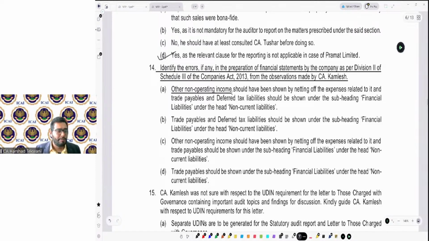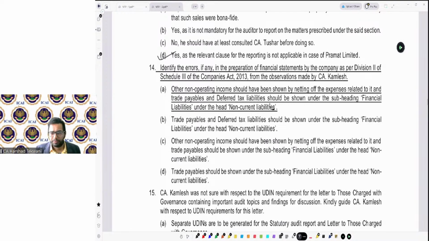Option A: Other non-operating income should have been shown by netting off the expense related to it, and trade payables and deferred tax liabilities should be shown under the subheading financial liabilities under non-current liabilities. B: Trade payables and deferred tax liabilities should be shown under the subheading financial liability under the head non-current liabilities.